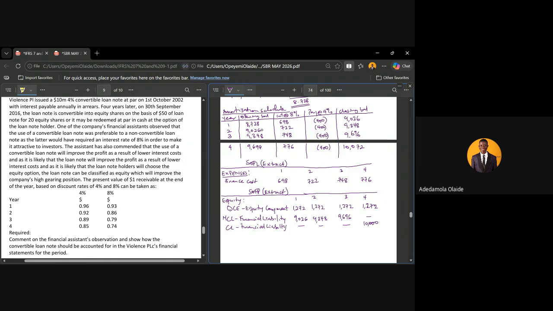Please adjust this. That will be 704, because we cannot pay them more than the 10,000.